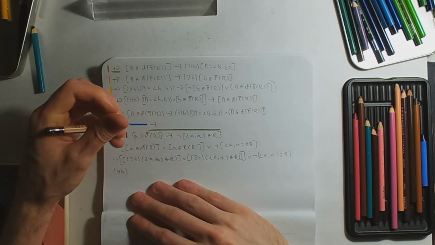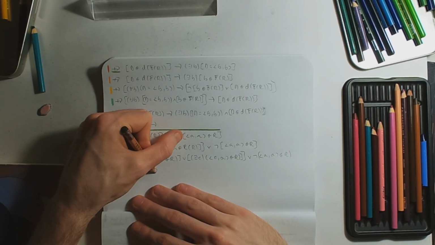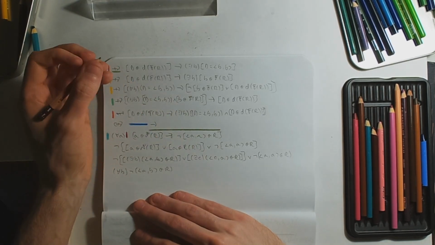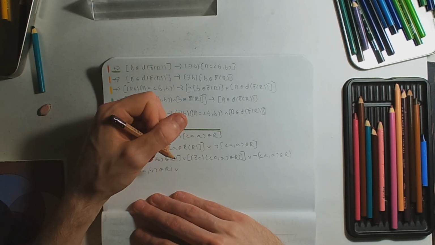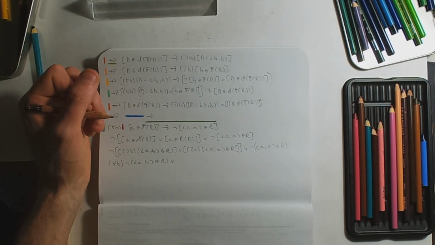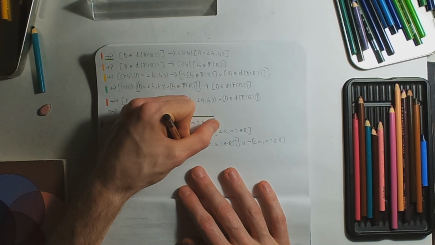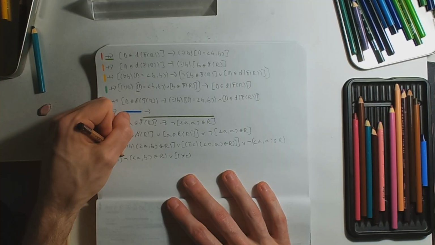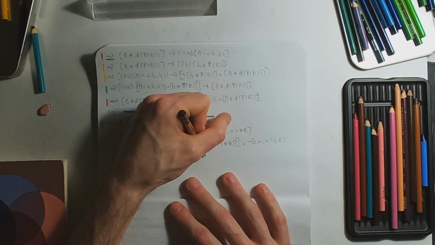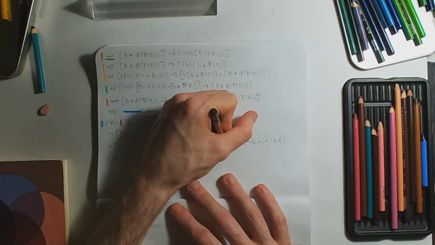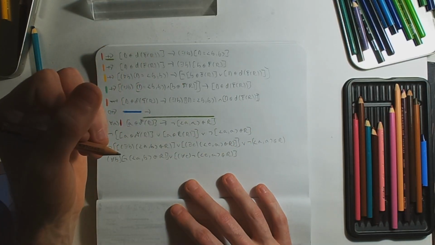For all B, not the ordered pair AB is an element of R. Or for all C, not the ordered pair CA is an element of R. That should be and.